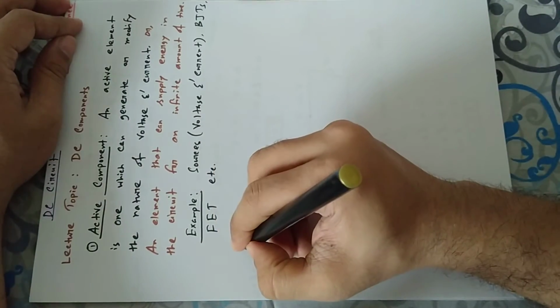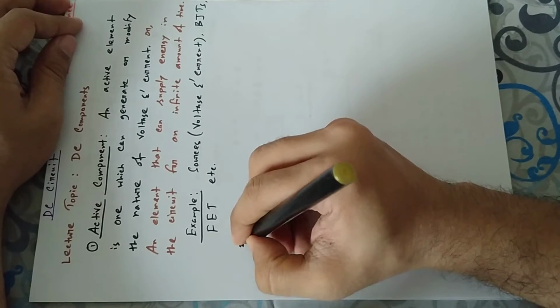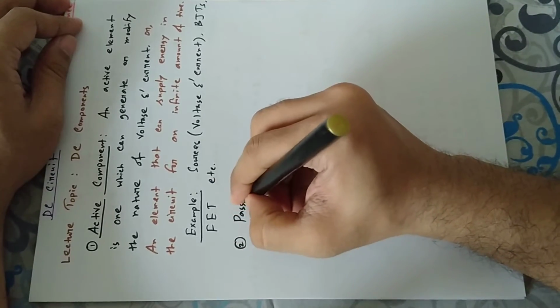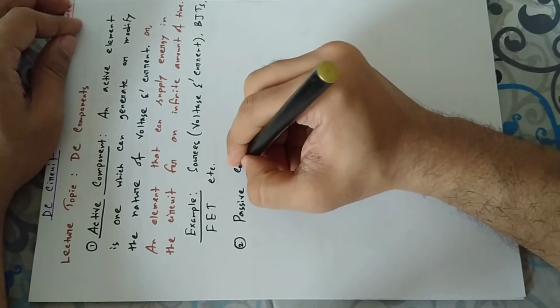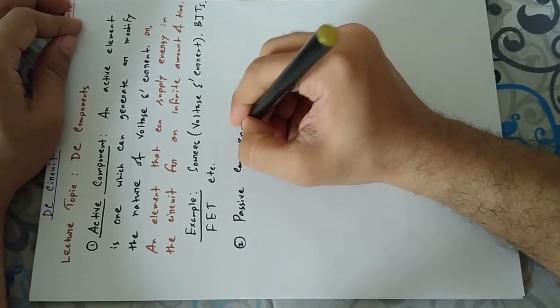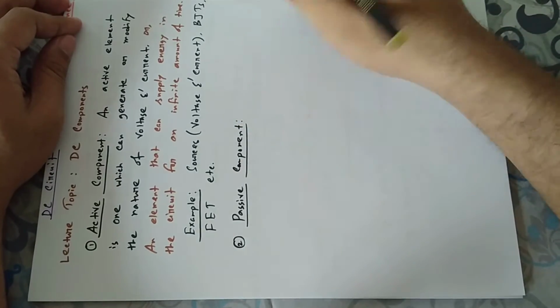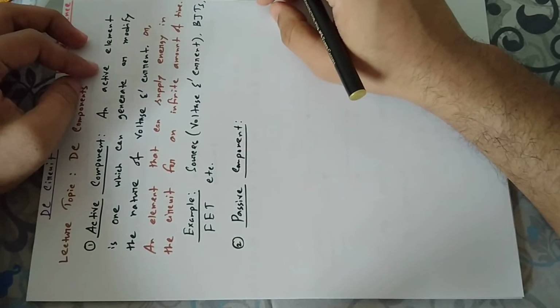Now, number 2 of DC components is known as passive component. A passive component is just the reverse of an active component.